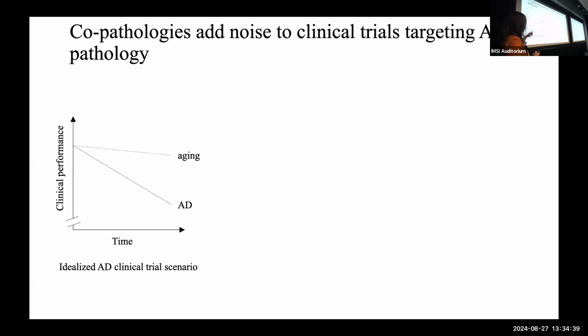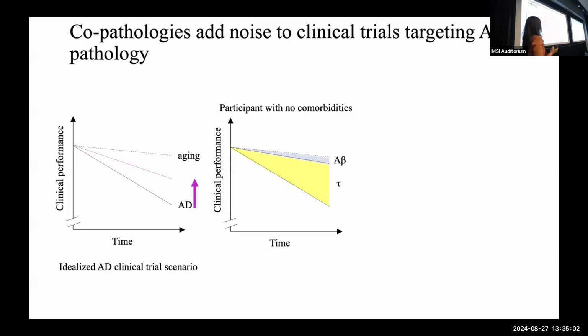And I want to go back to the clinical trial idea. This is a cartoon illustration, but just to give you an idea of why this is important from an individual perspective. Let's say you're doing a clinical trial on Alzheimer's disease, and you're saying that your treatment will slow down the decline by 50%. That's what you're testing.